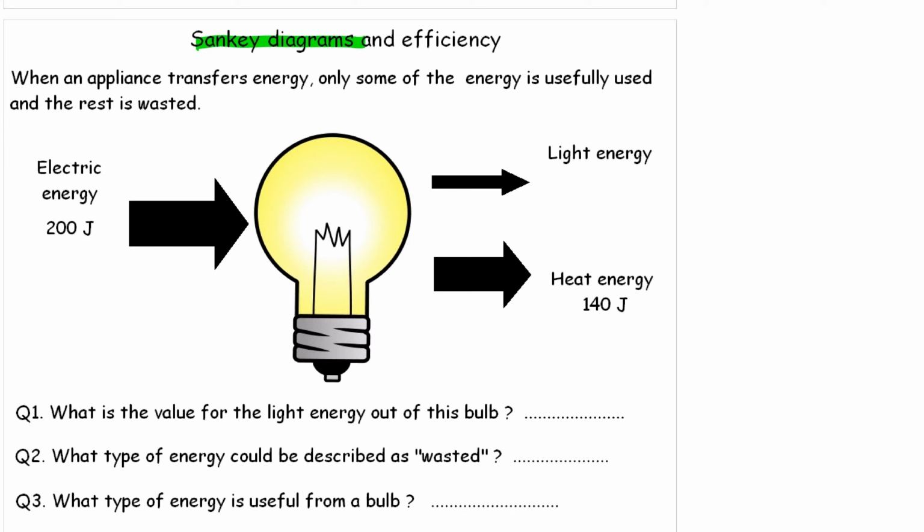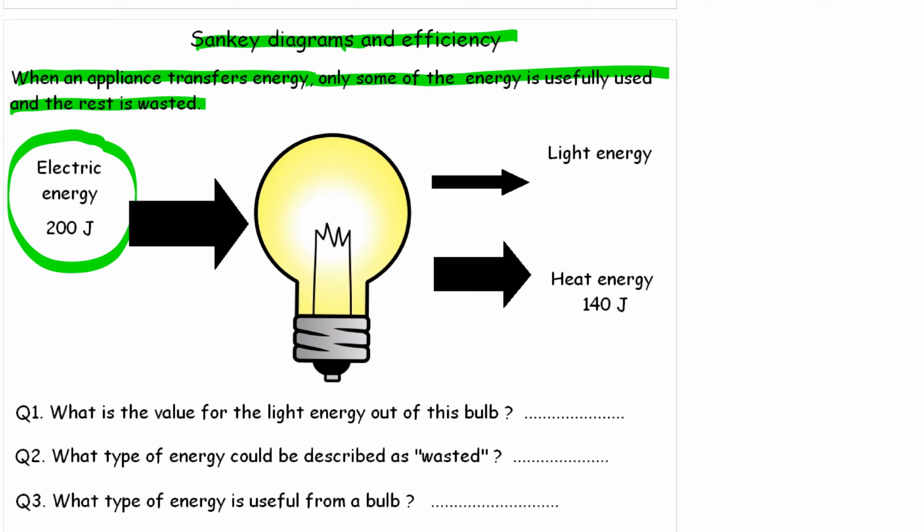Sankey diagrams and efficiency. When an appliance transfers energy, only some of the energy is usefully used, the rest is wasted. So we've got a light bulb here. If we've got electrical energy going in of 200 joules, then the energy that's coming out must also equal 200 joules.